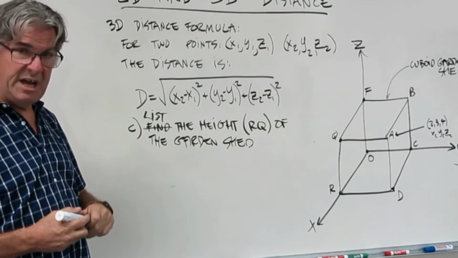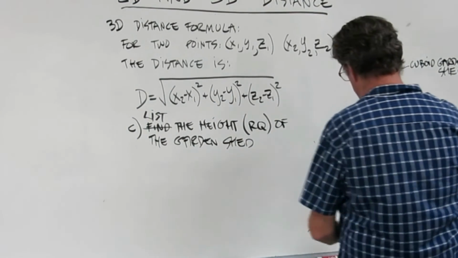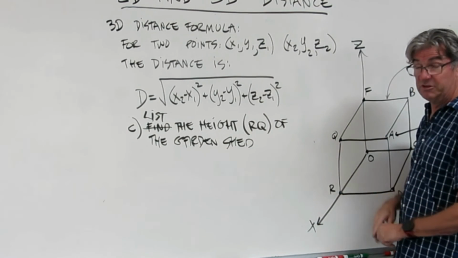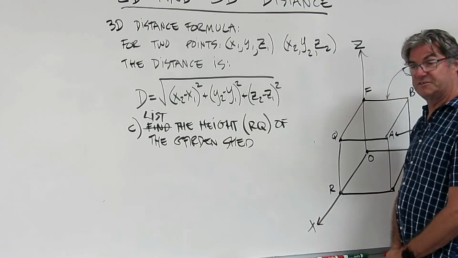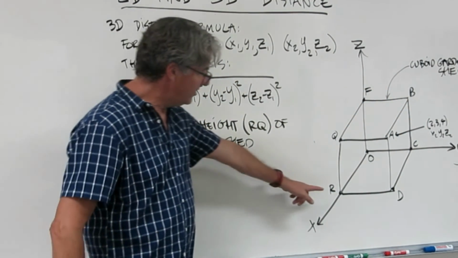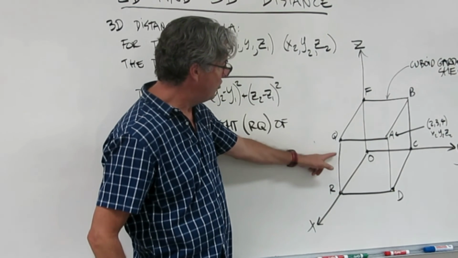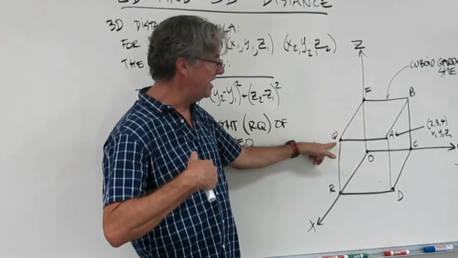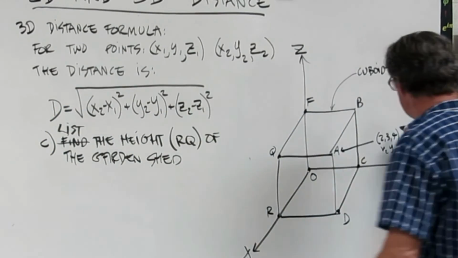Okay, check it out. Let's see how you did. RQ is right there. Okay? So now that I've pointed out RQ, see if you can figure out what the height is. Okay, check it out. RQ is just the distance we've gone up the z-axis. That's all it is. It's the height of the box, which is what they're saying. So that distance is right here.